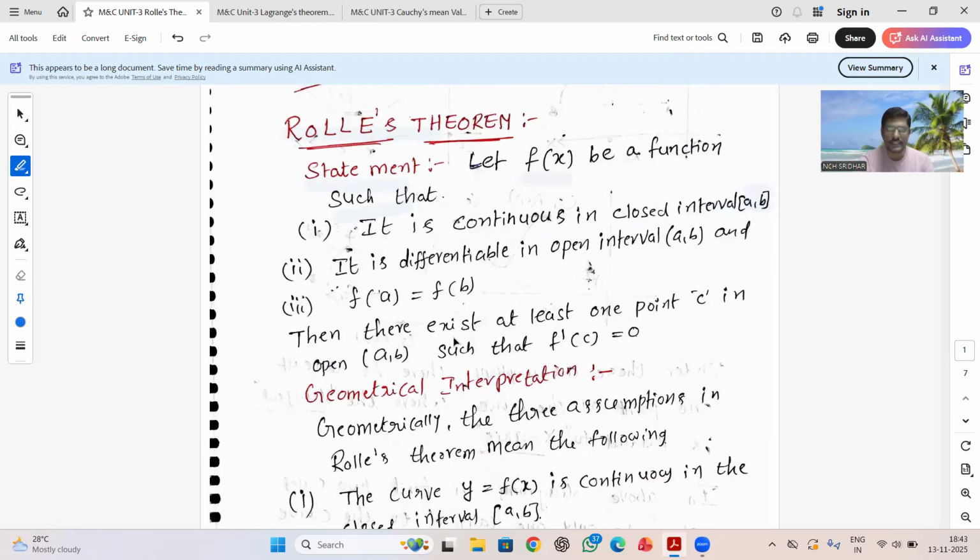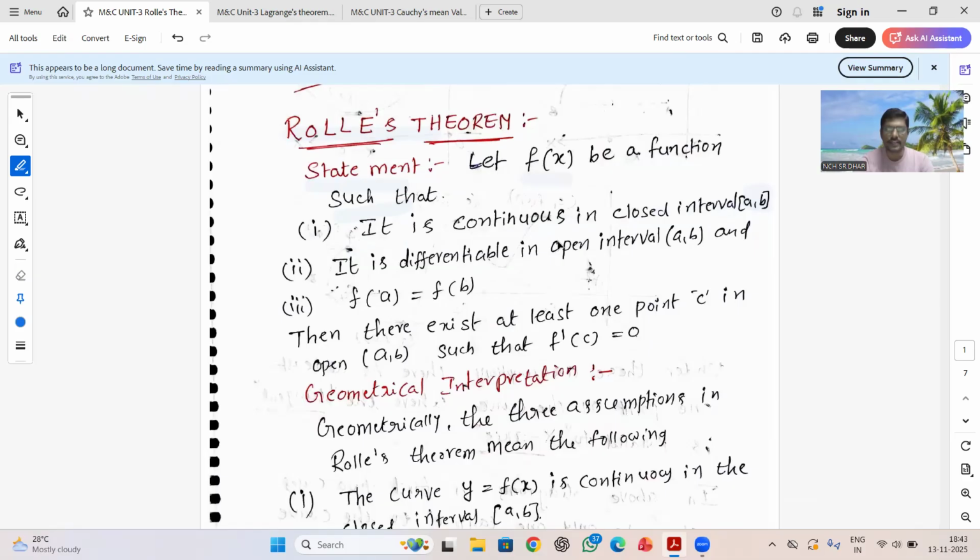Then there exists at least one point c in open interval a comma b such that f dash c is equal to 0. This is Rolle's theorem statement.